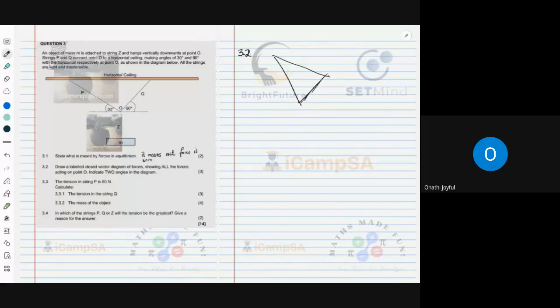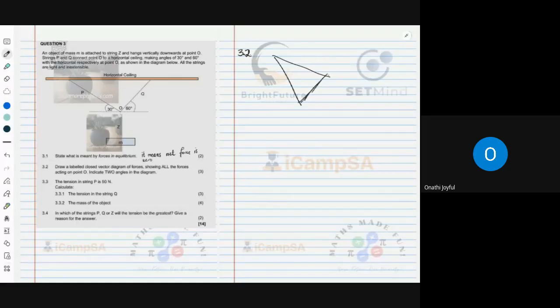You can only do a closed vector diagram if that system is at equilibrium, or if the net or resultant force is 0. Never in any situation except this situation.